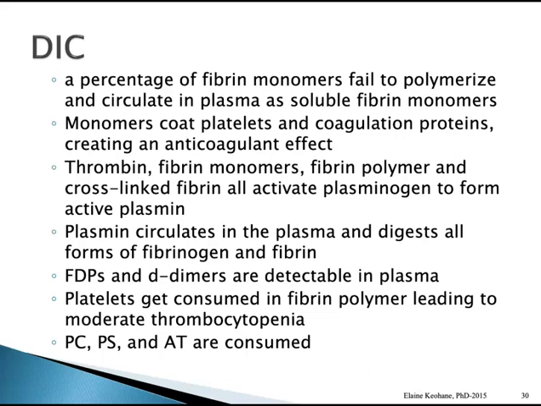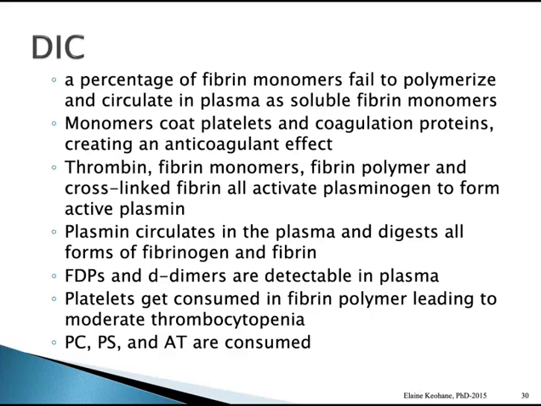Monomers tend to coat platelets and coagulation proteins, creating an anticoagulant effect. Thrombin, fibrin monomers, fibrin polymer, and cross-linked fibrin all activate plasminogen to form active plasmin. Plasmin circulates in the plasma and digests all forms of fibrinogen and fibrin. FDPs and D-dimers are detectable in the plasma.